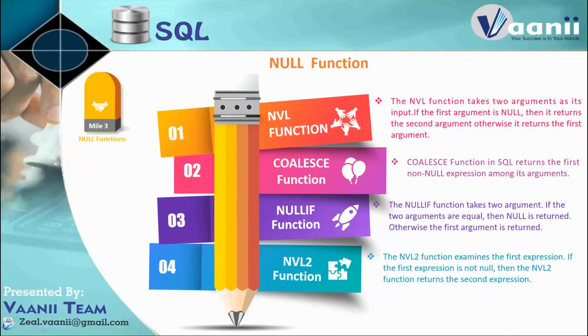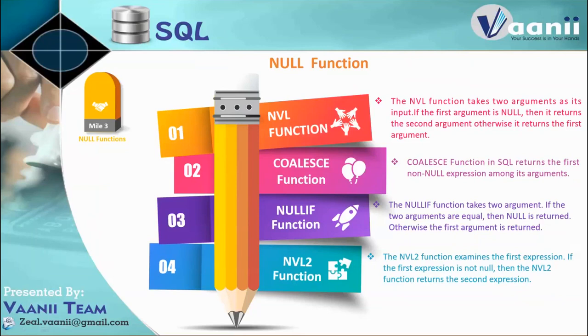But sometimes you may have multiple arguments and you want to check: if argument 1 is null, then take argument 2. If argument 2 is null, then take argument 3, like that. In that case, NVL will not work. So if you have more than 2 arguments, then you go with the COALESCE function.